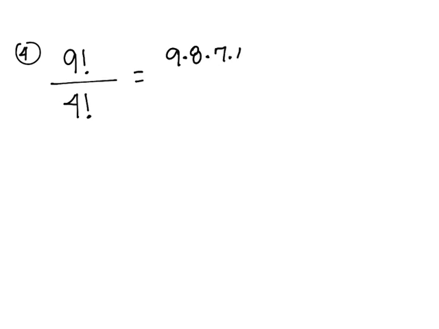Now the last factorial example is a division, and I want to show this example because it's going to lead us into how we find the binomial coefficients. So 9 factorial divided by 4 factorial. When you're in division, you're going to walk your top all the way down until you get to the number that's on the bottom. The reason is that once you hit 4 factorial, they can cancel out.